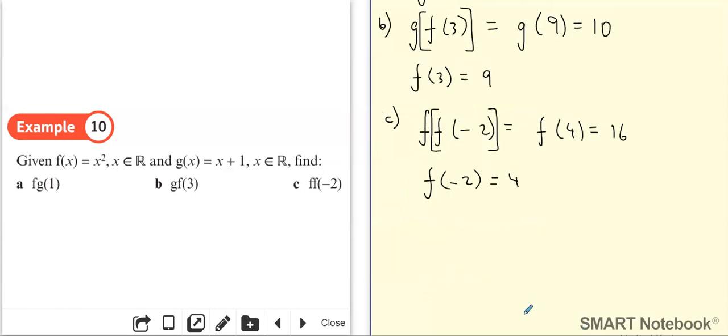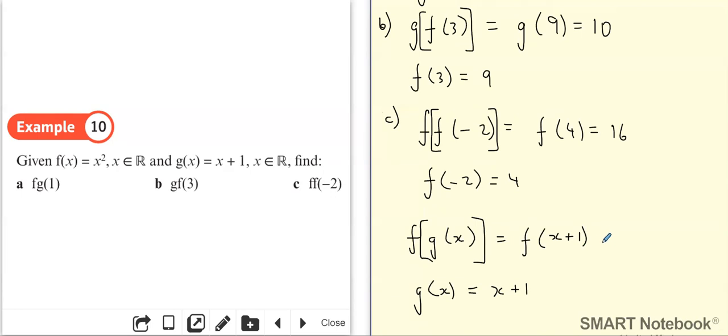Now, the next thing that I'm going to look at is fg of x. Same principle. My first thing is to work out g of x. Well, g of x is already given to us, it's x plus 1. So this then becomes f of x plus 1.